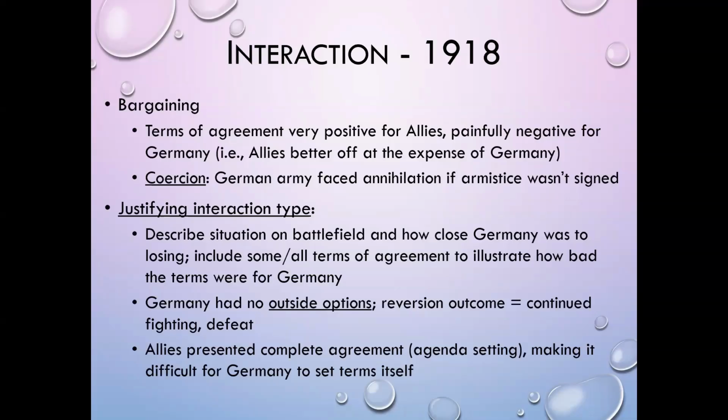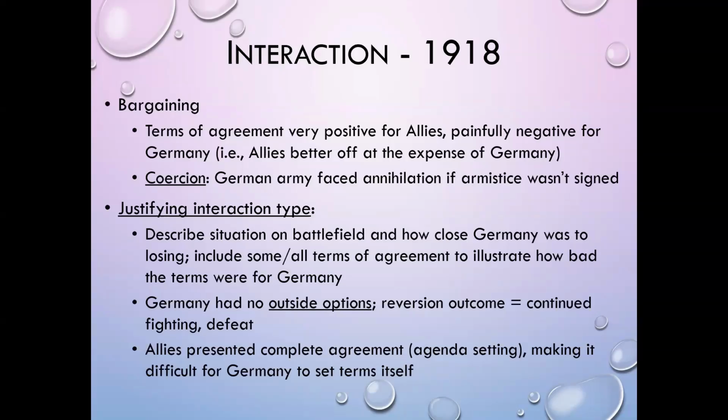And so when the negotiator left to sign the agreement, there was hope that on the margins they may be able to soften, but they basically were given the terms of surrender. And so the Allies had said, this is what you get. Take it or leave it. And they tried to do a little negotiating, but it didn't work. So these are the kinds of details that I would talk about in order to justify that this was bargaining with coercion.